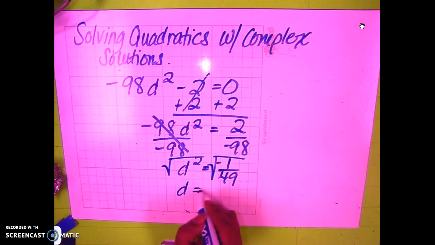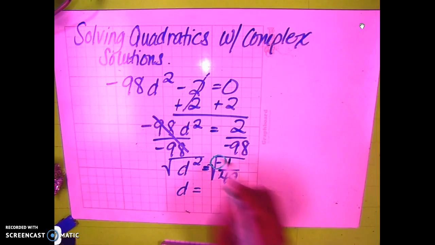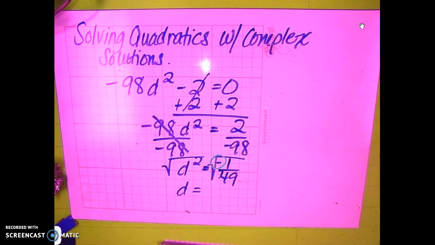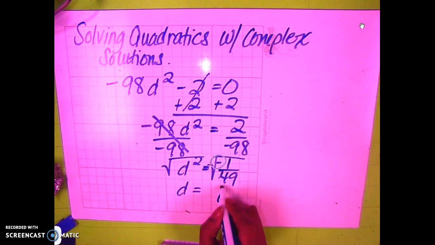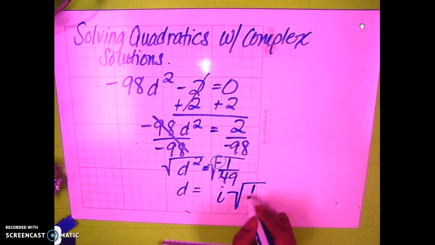Now I have d equals, okay, I have a negative underneath the square root. So following the rule, I'm going to drop the negative sign and take out an i. I'm going to put my i in front, and then write my square root of 1 over 49.